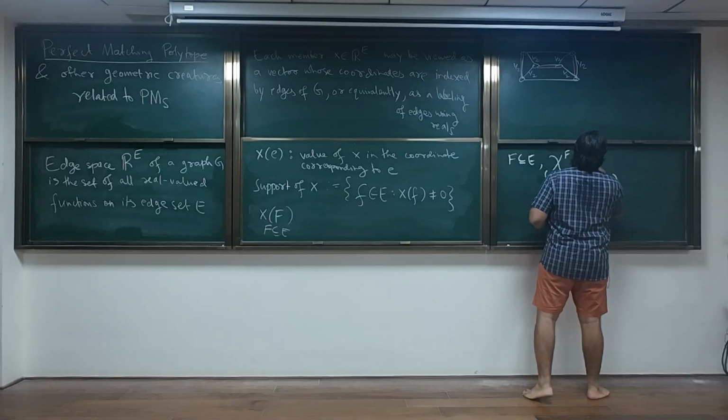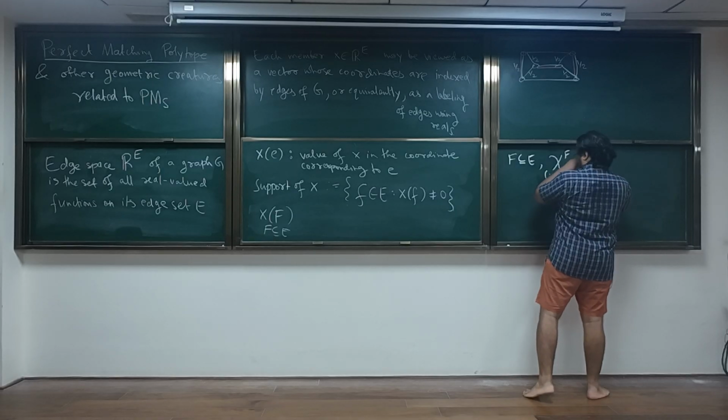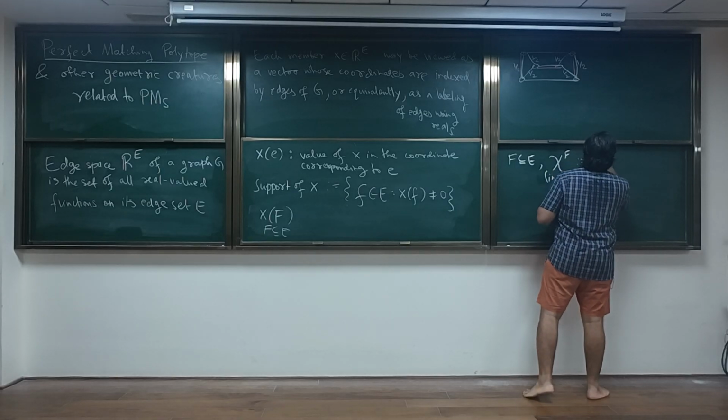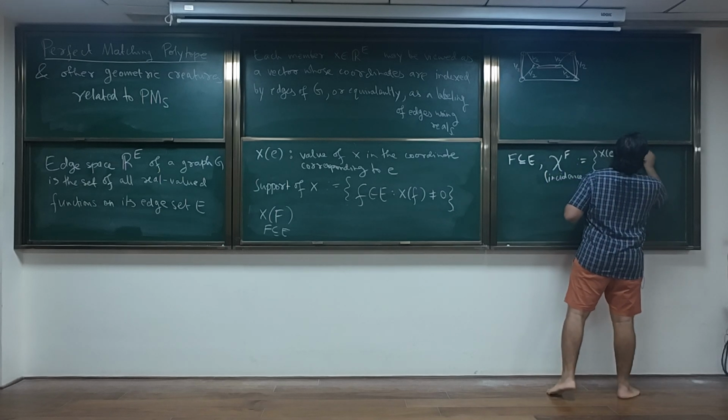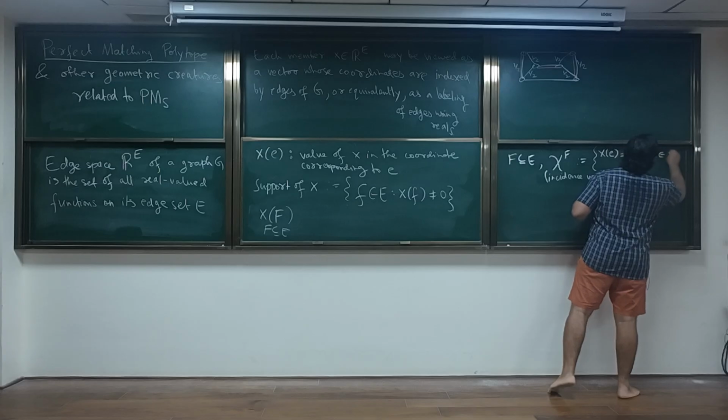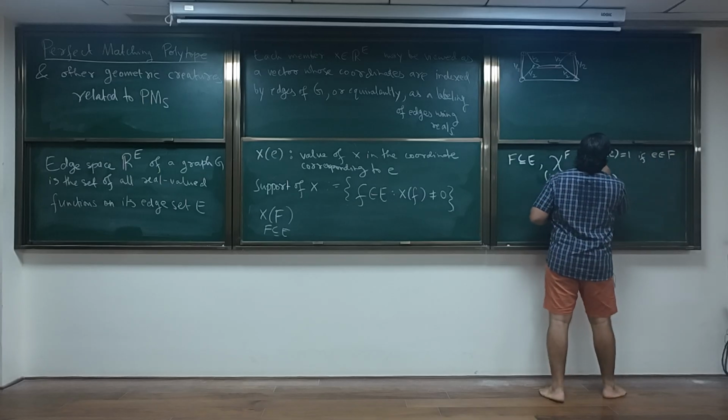So it's basically the vector that is 1 if e belongs to F and otherwise it's 0.